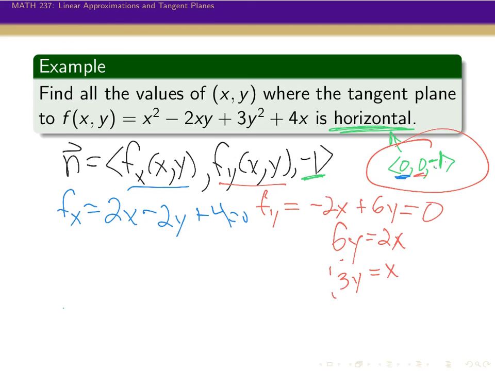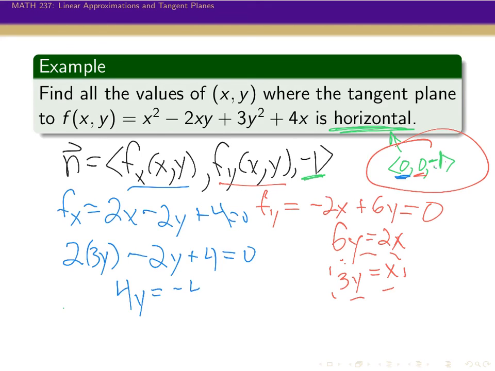What can we do with this? I can now take that and replace it for x in the other equation. So in this equation here, we get 2 times 3y minus 2y plus 4 equals 0. This is going to be 6y minus 2y, which is 4y. Move the plus 4 to the other side, it is equal to minus 4.